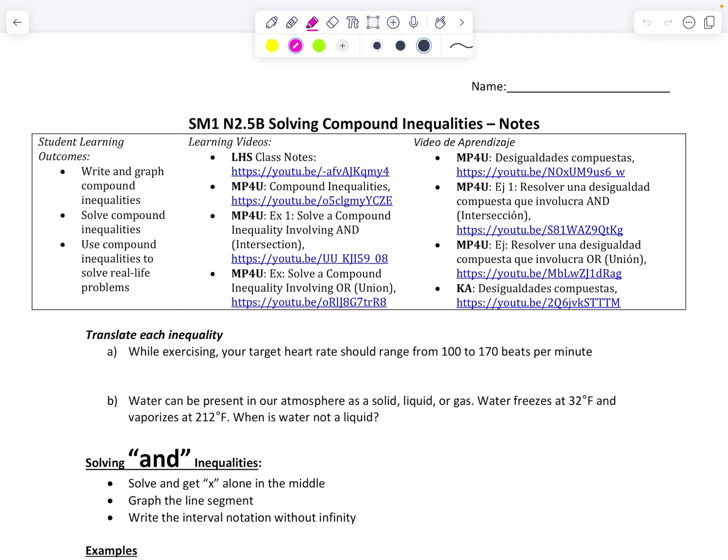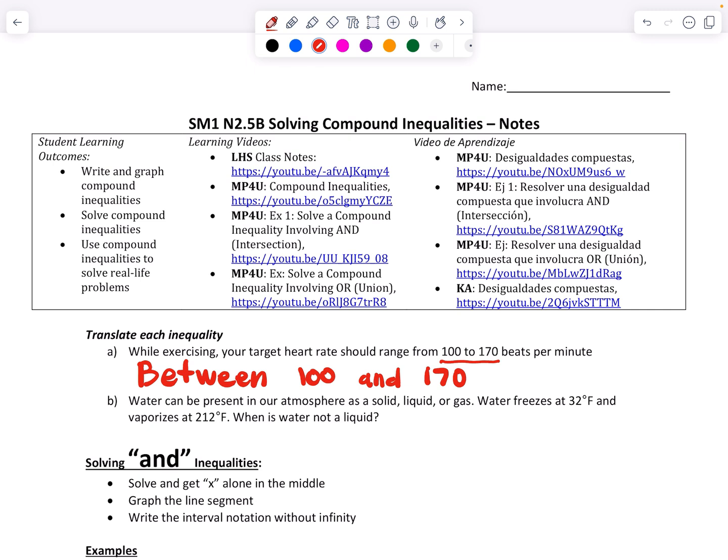So the first example says, while exercising, your target heart rate should range from 100 to 170 beats per minute. So we want it to be between 100 and 170.